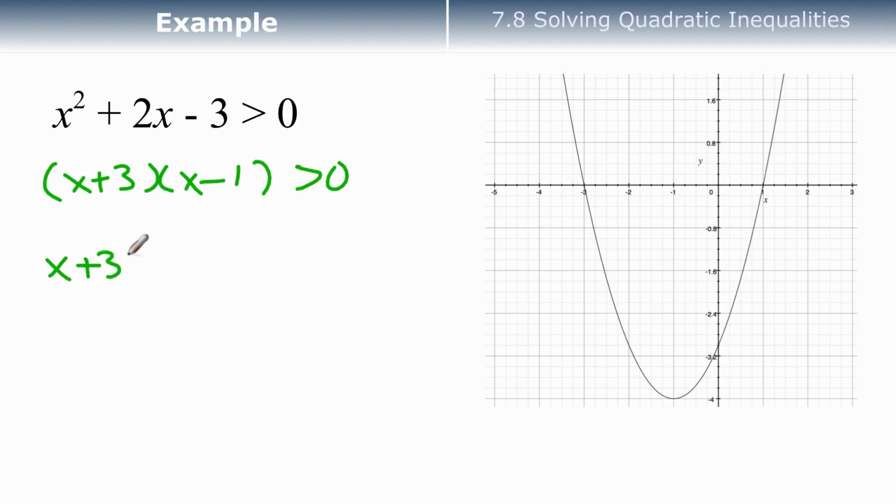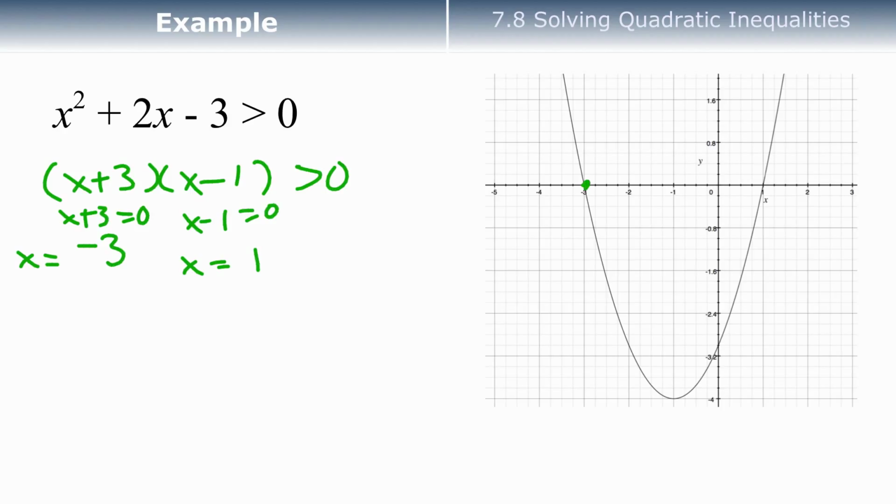Really what I want to say right here is that -3 is an important point. So I could say x plus 3 equals 0, and then solve for x, it's -3. For this side here, it's x minus 1 equals 0, so x is equal to 1. So something special happens at -3 and positive 1.